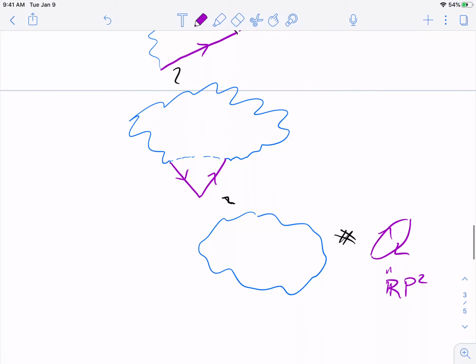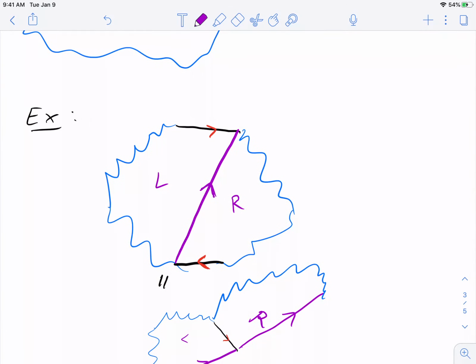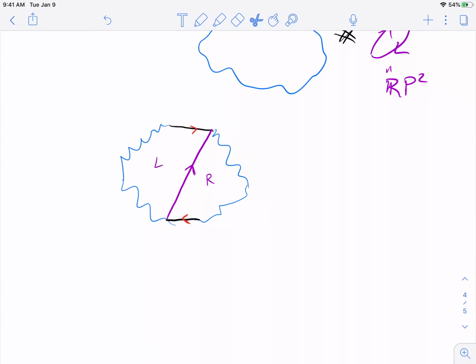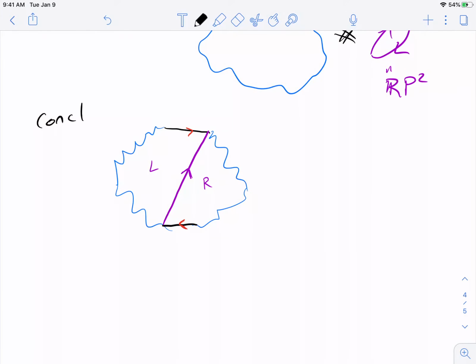Okay, and what does this tell us? It tells you that anytime you start with a picture like this, the conclusion. Given some polygon with edge identifications, or let me rephrase this slightly.